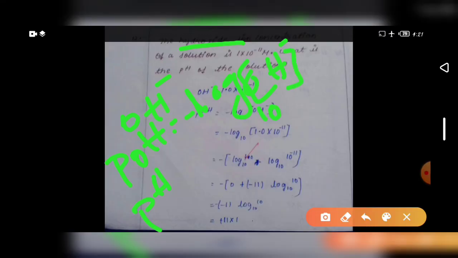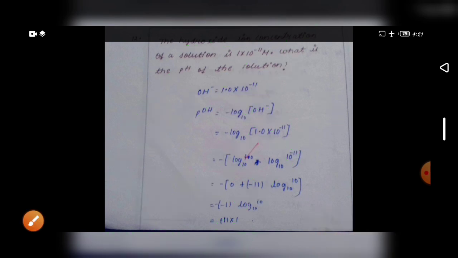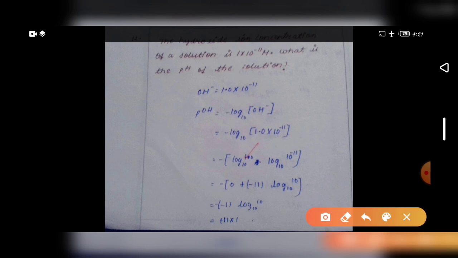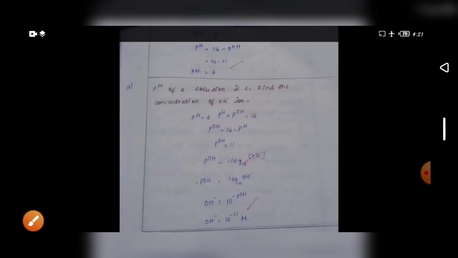After that, pH equal to 14 minus pOH. Here 11 into 1 is equal to 11, so pOH equal to 11, and pH equal to 14 minus 11, which is equal to 3.